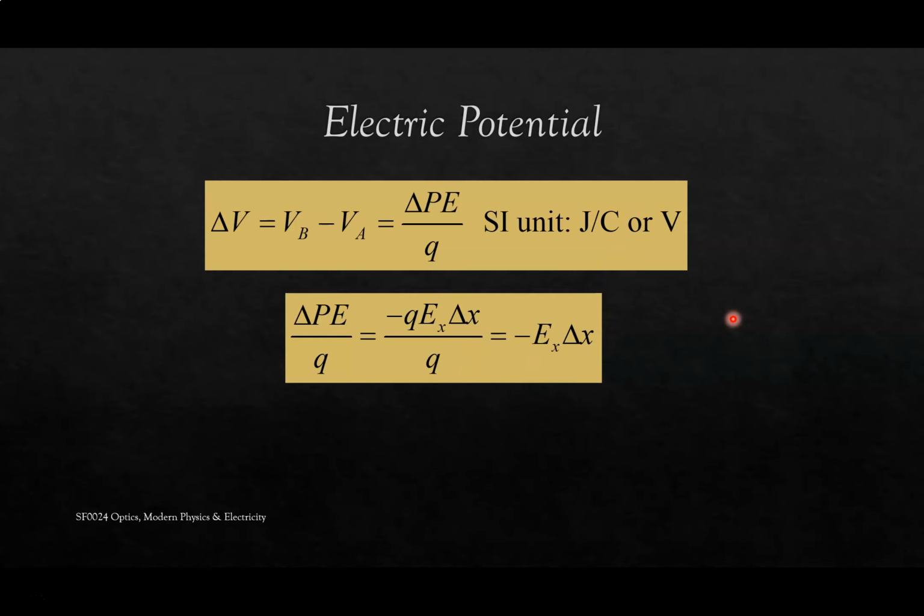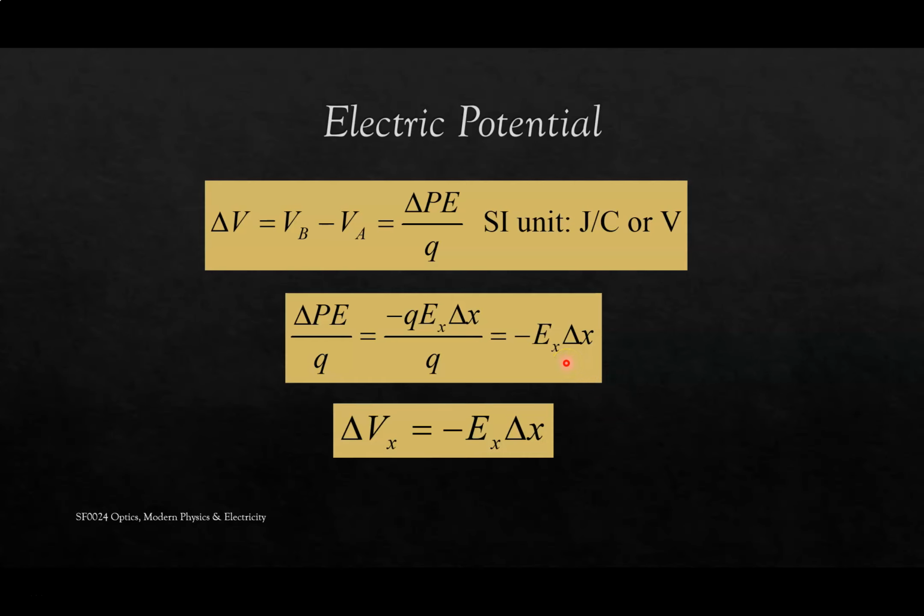For the special case of a uniform electric field, like the field between charged parallel plates, we can divide our potential energy by Q to get the equations shown here. The result shows the potential difference also has units of electric field times distance.